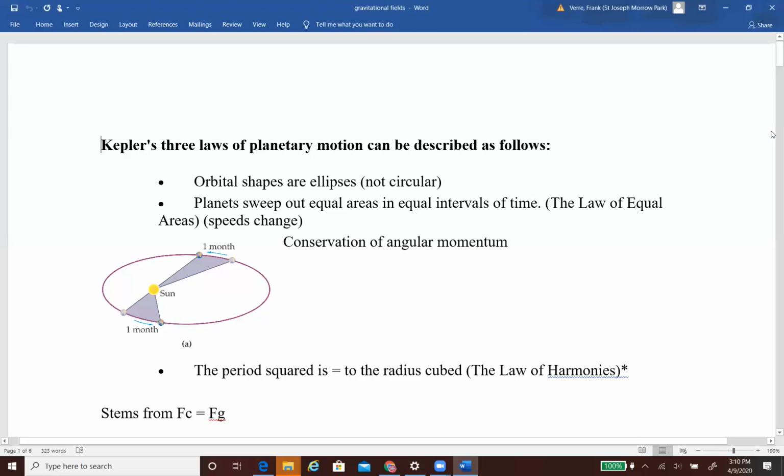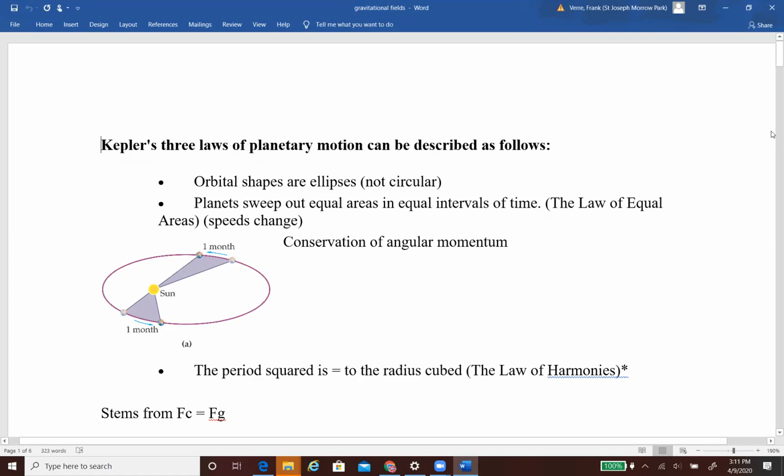Does that name ring a bell? Before that, people thought that the Earth was the center of the solar system. Copernicus had that correct, but he thought the orbits were circular. So that differs a little bit from what Kepler thought.